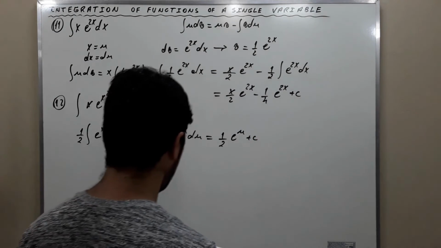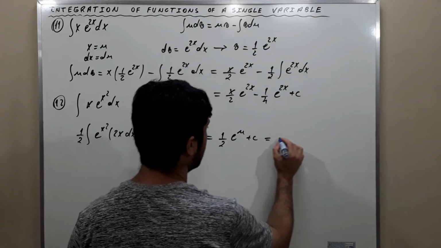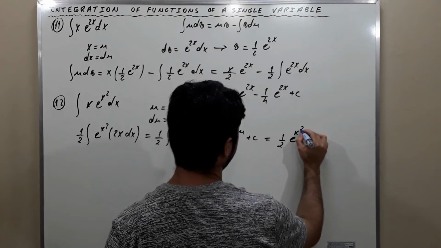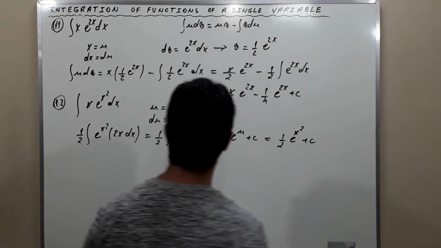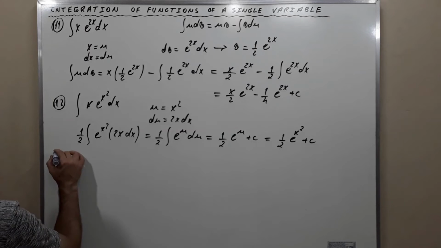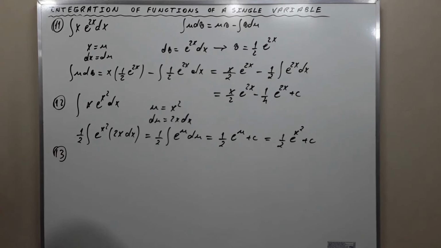Substituting back, we get that this is 1/2 of e raised to the power of x squared plus c. Okay, this was exercise 12. Let's go to exercise 13. We are almost finishing. I selected 15 questions.